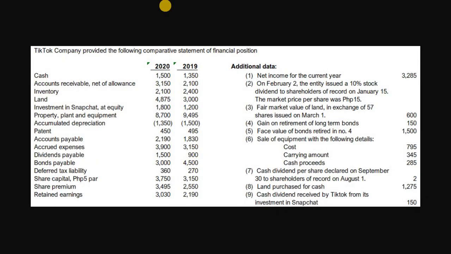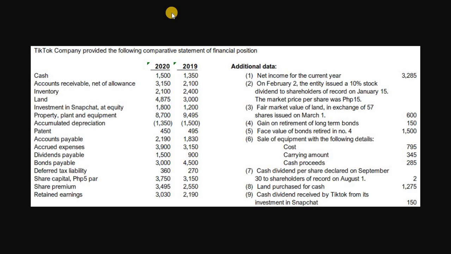Based on our additional data, number 3, the fair market value of land in exchange of 57 shares issued on March 1 is 600 pesos. And in number 8, land purchase for cash of 1,275. So we have 2 transactions affecting the land account.